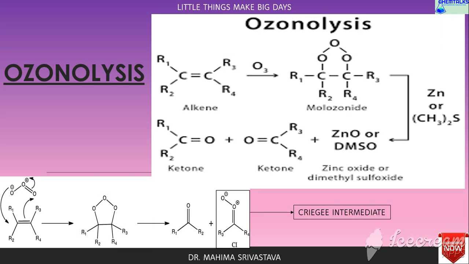So, we have to focus on the first part of it, that is oxidation of alkene with the help of ozone. Now, the ozonolysis reaction takes place with the help of ozone, which is a very reactive allotrope of oxygen.